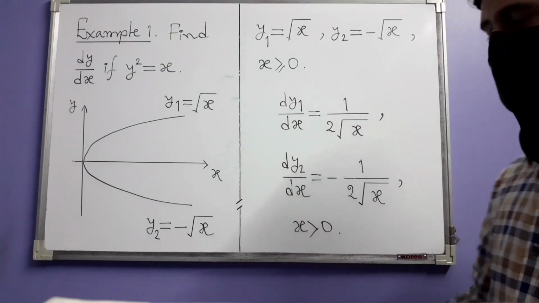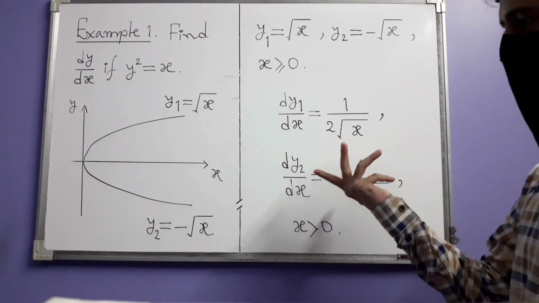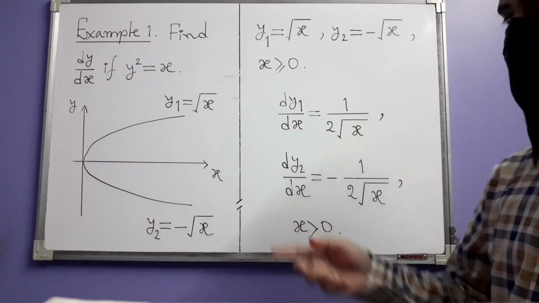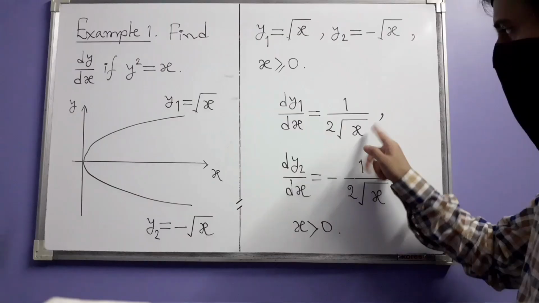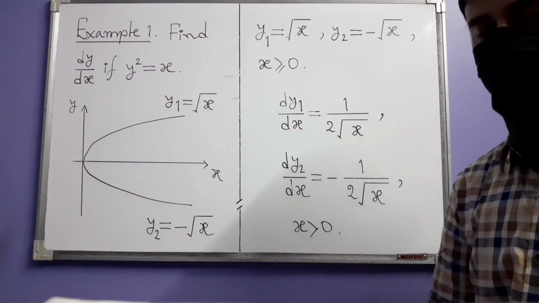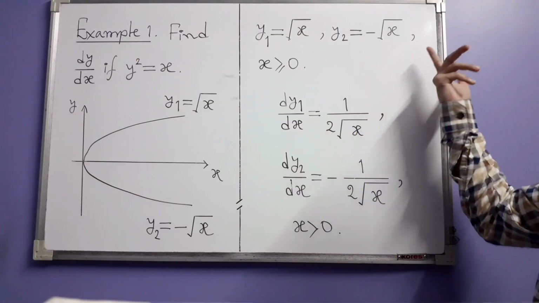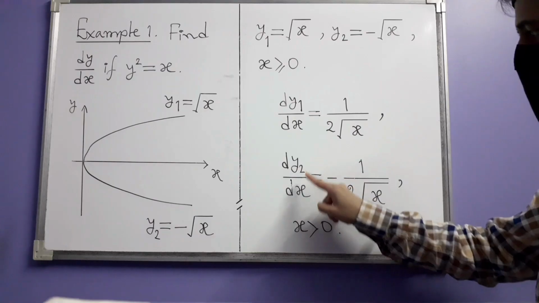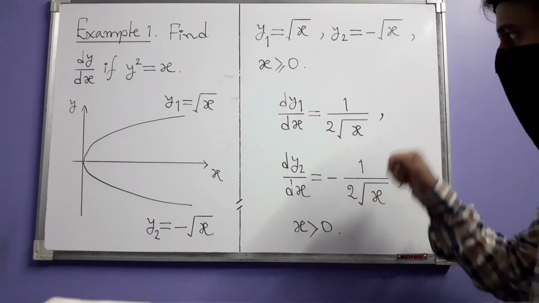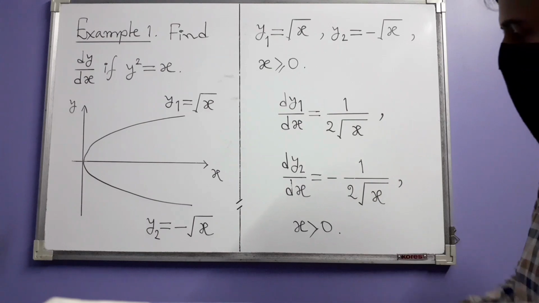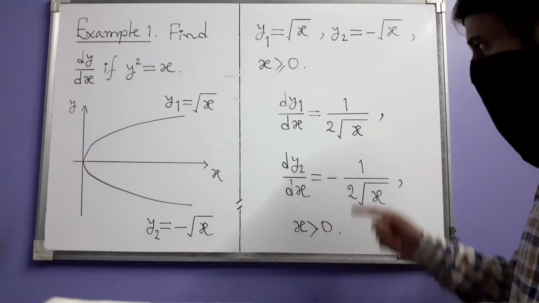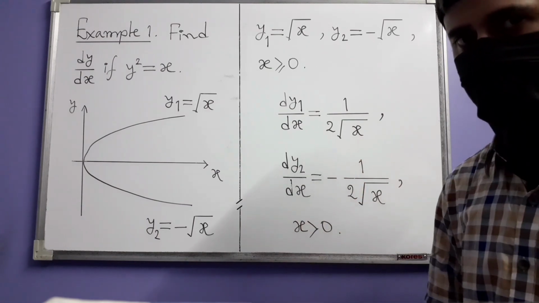Okay, so these are the derivatives. You already know what you get when you differentiate square root of x: 1 divided by 2 times root x. We did this before. And this one is just the negative of that. So dy2/dx is this. And these rules are applicable only at a positive real number because x is appearing in the denominator.